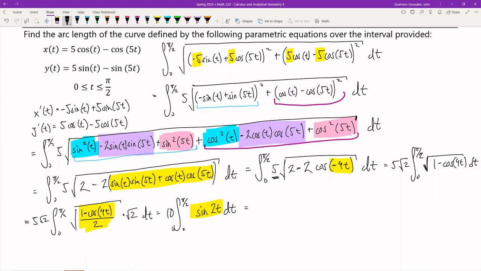Equal 5 times 2, that's my 10, right? 10, and this is going to be the integral of sine, which is negative cosine of 2t over 2, evaluated from 0 to pi over 2.